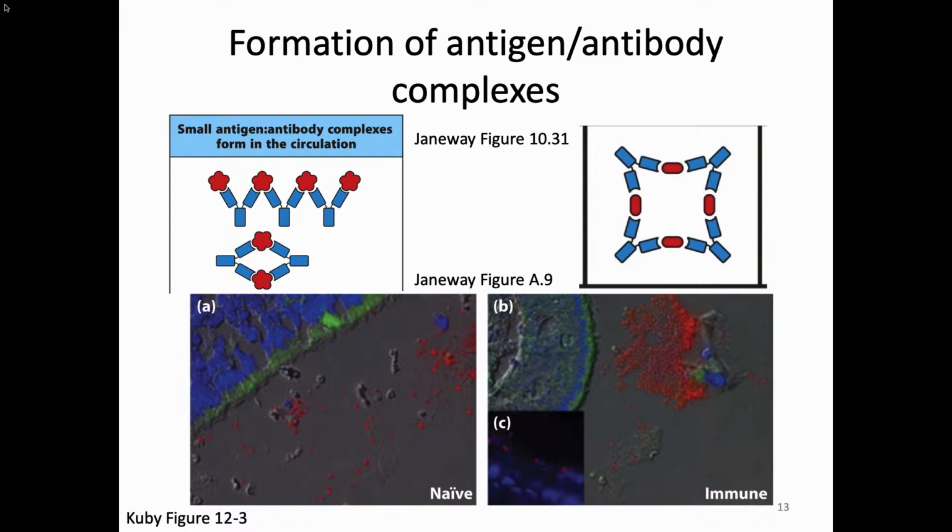And so if you have antigens and antibodies present at the right concentration, because each antibody has 2 places where it can bind antigen, and because many antigens have multiple epitopes, you can sometimes get these great big complexes of many antibodies and many antigens coming together and binding. And that can form really big clusters of proteins, really big clumps of proteins.